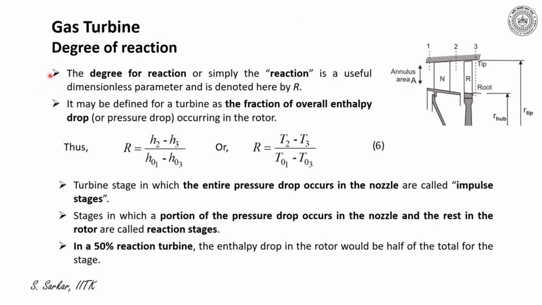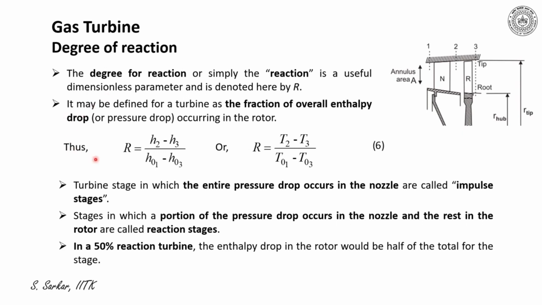The degree of reaction, or simply the reaction, is a useful dimensionless parameter and is denoted by the symbol R. It may be defined for a turbine as the fraction of overall enthalpy drop or pressure drop occurring in the rotor.